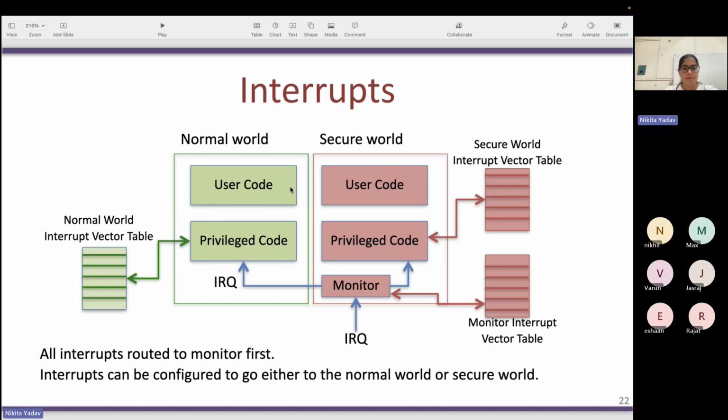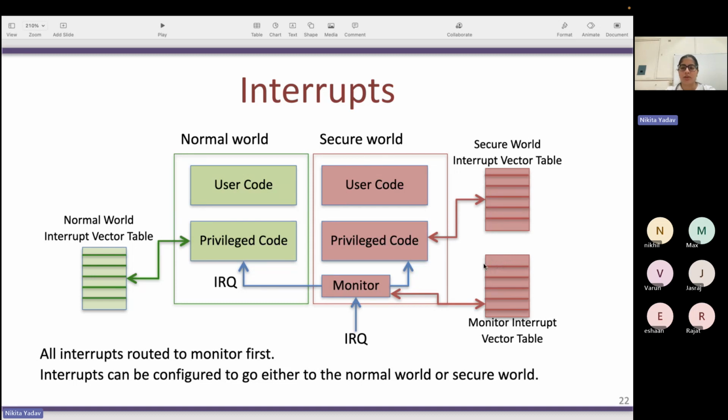A little bit of detail is that there are these interrupt vector tables. There are different tables in all of these three components. Here there is a normal world interrupt vector table for your OS in the normal world, a secure world interrupt vector table, and then your monitor has its own monitor interrupt vector table. Now an entry in the vector table is usually either a simple code sequence, or an address of the interrupt service routine.